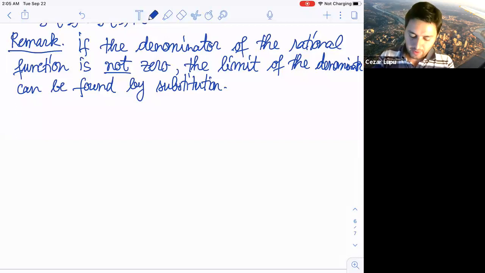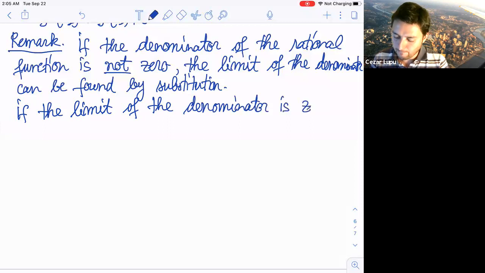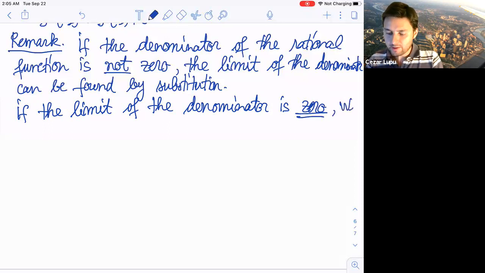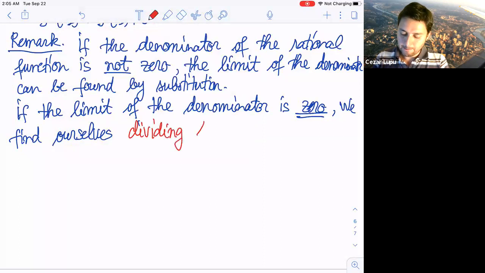Right? If the limit of the denominator is 0, well, we find ourselves dividing by 0, which is not quite okay.